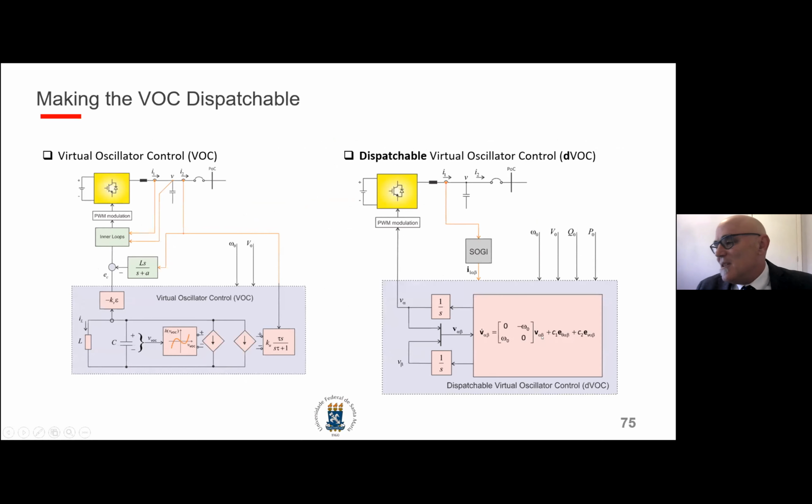In the case of the dispatchable virtual oscillator, it is similar, but it operates in alpha beta coordinates. We have this frequency over here that defines the nominal frequency. We have one term here that compensates for the power, and then another one for the voltage.